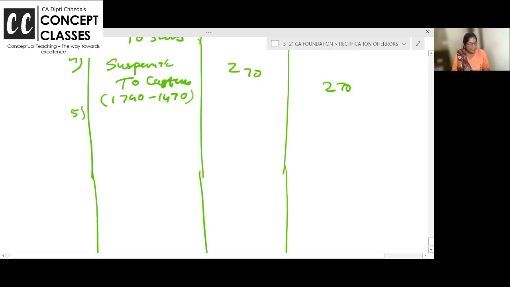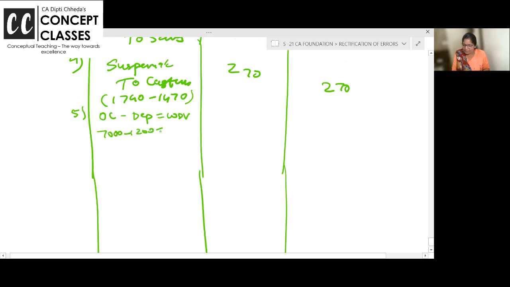What is the original cost minus the depreciation? It is called WDV. So what is the original cost? 7,000. How much is the depreciation so far? 1,200. So what is the WDV? 5,800. And it is sold for how much? 1,500. So what is the loss?